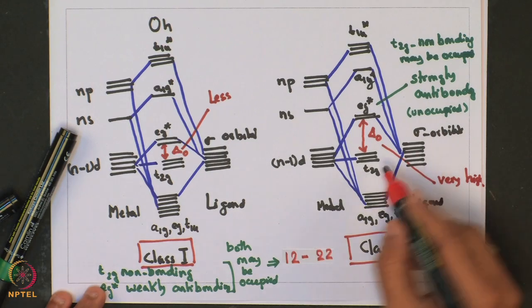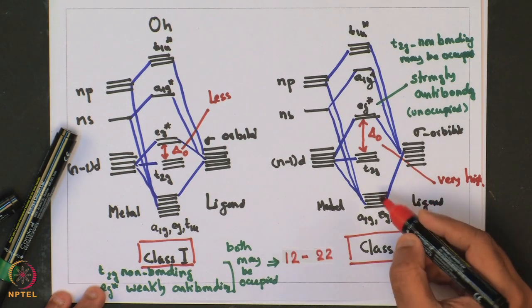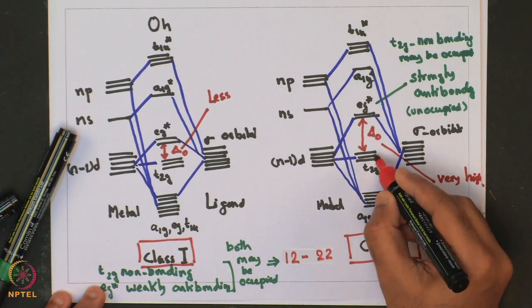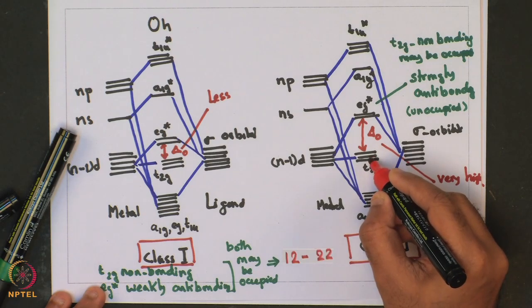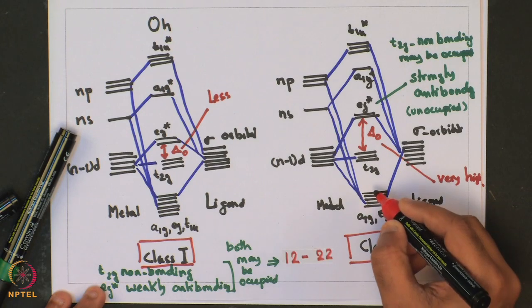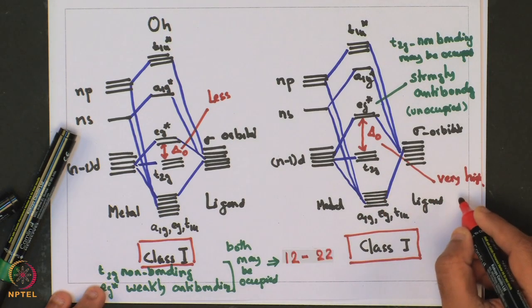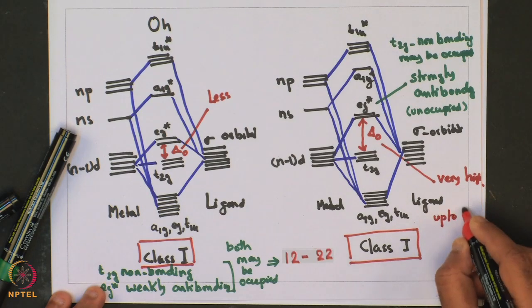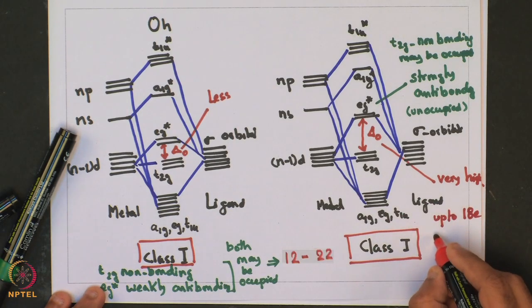As a result, the total occupancy can be up to 6 plus 3 orbitals, so 9 orbitals, so it can be anywhere up to 18 electrons, depending on the T2g occupancy.